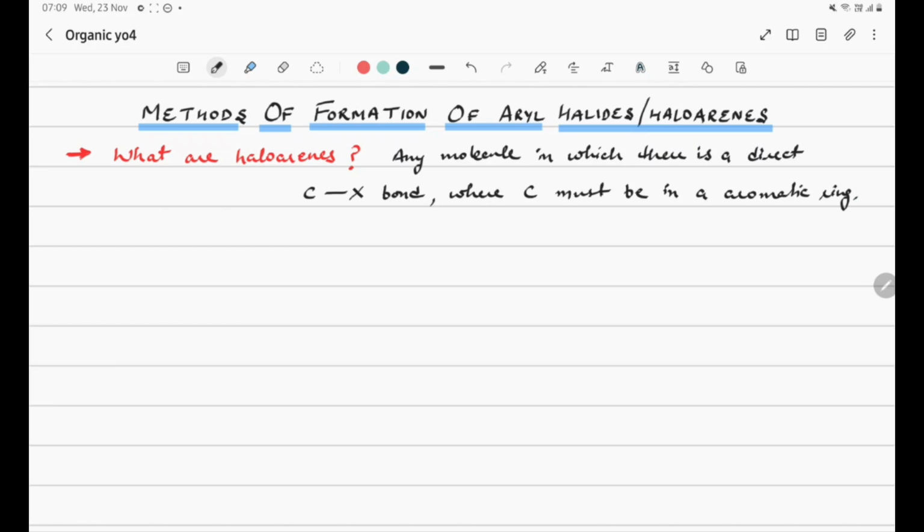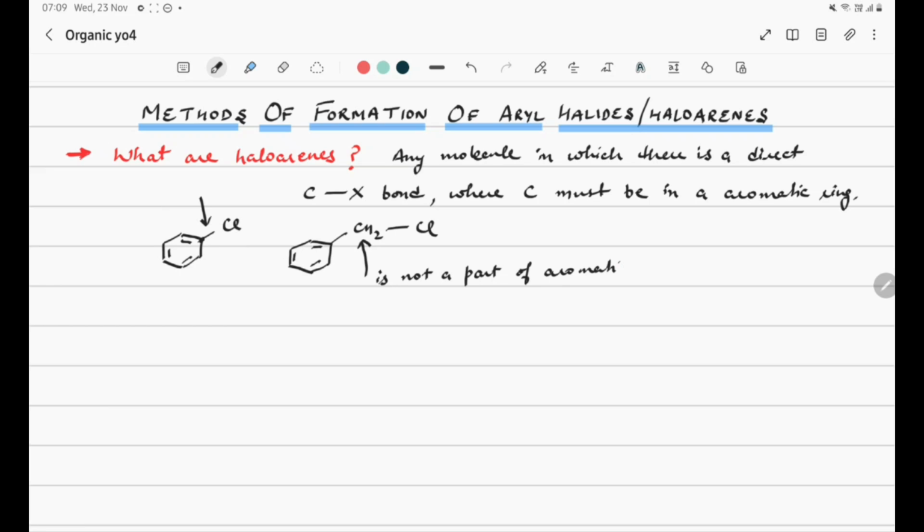For example, in the case of chlorobenzene, we have a carbon halogen bond in which carbon is part of an aromatic ring, whereas in the case of benzyl chloride we have a carbon halogen bond, but this carbon is not a part of the aromatic ring.